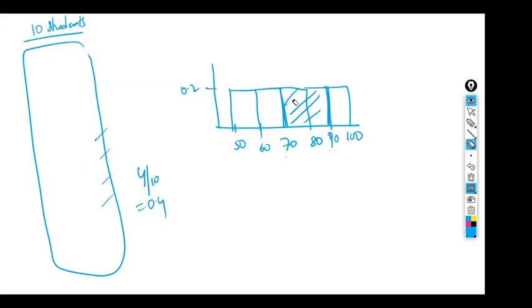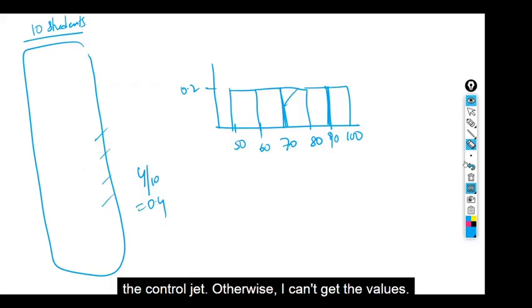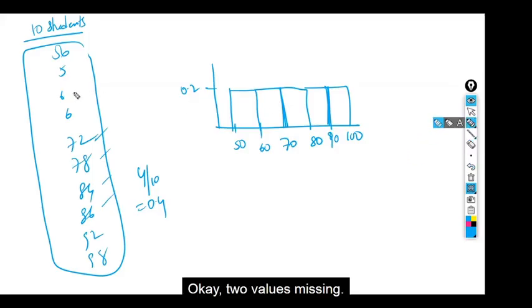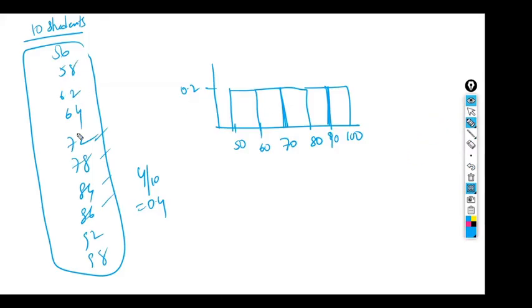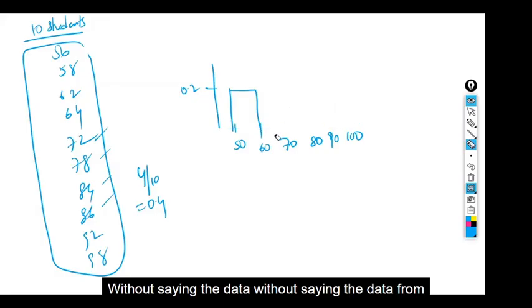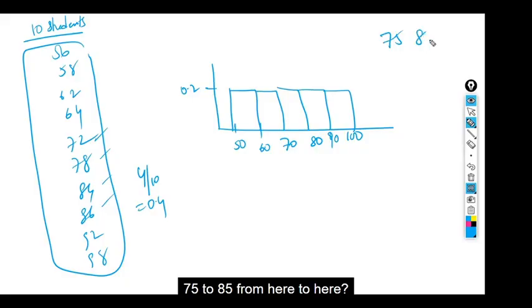Now, let us change. Before changing, let me do the control Z. Otherwise, I can't get the values. Okay, 2 values missing. Now tell me, without seeing the data, from the graph you tell me. From the graph, what is the probability of students from 75 to 85?